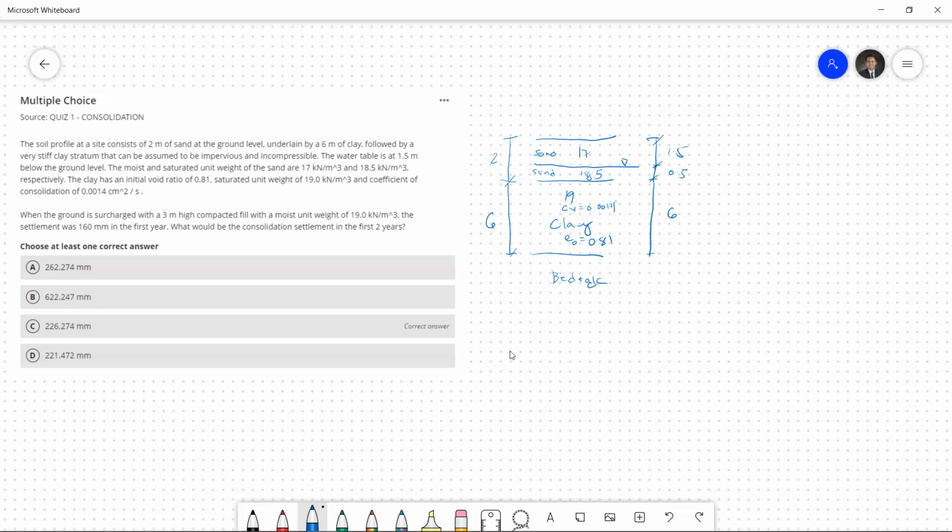Therefore, to solve this problem, we need to determine first the sigma prime O, the effective stress at the middle of the clay. So that is 17 times 5. I think that is not really necessary.